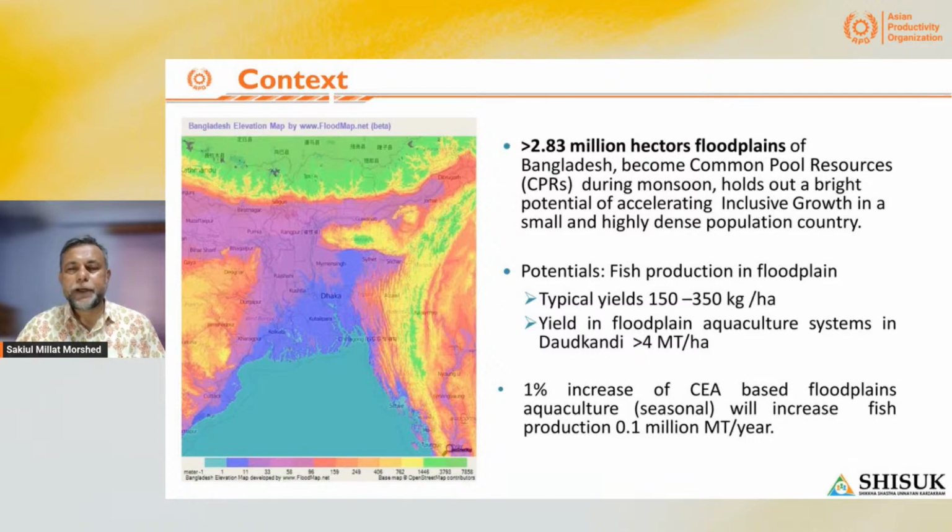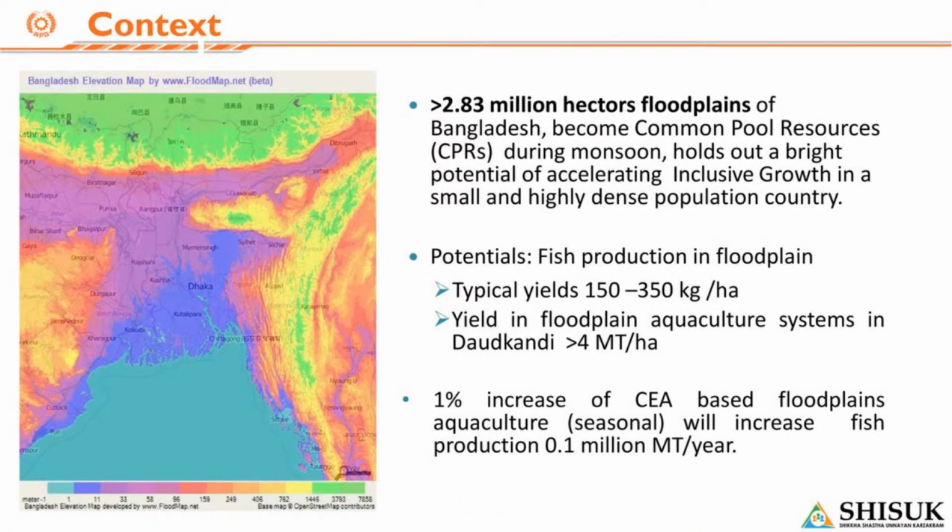So if I explain a bit more about the context of Bangladesh, you can see this map, and this is Bangladesh. Most of the area is low-lying, and this goes under water during monsoon easily.